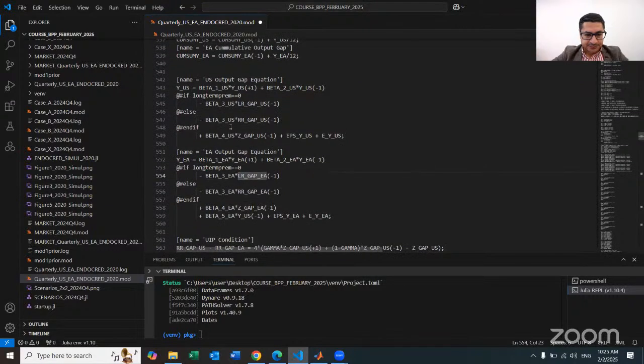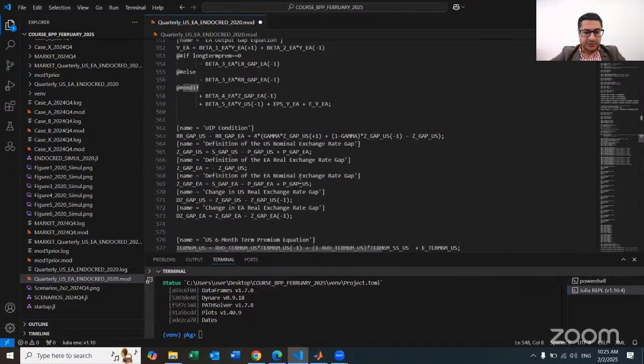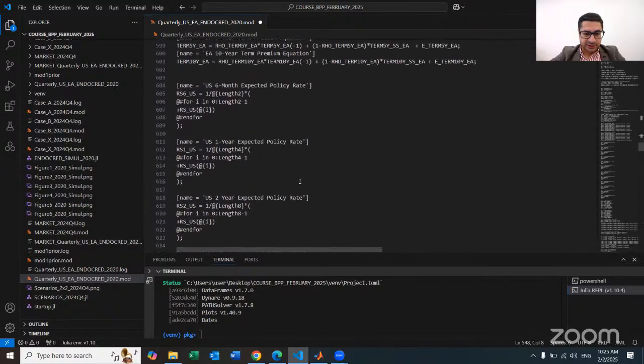And again, here we built it in a user-friendly manner, so you can choose whether you want the long-run real interest rate to affect the aggregate demand condition, or the short-run. Again, by changing the value of the long-term premium to other values than 0, we switch to the standard representation of the demand equation.